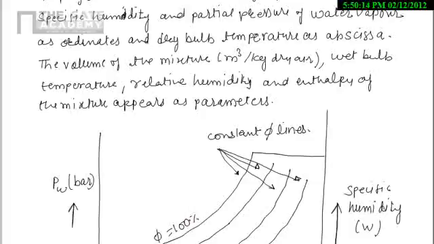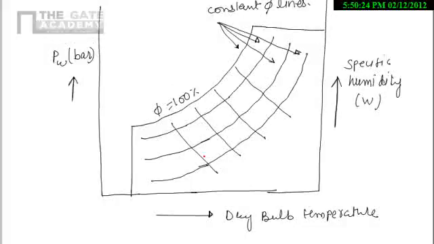Now I will draw the constant enthalpy lines. Similarly, I can draw the constant wet bulb lines. Here we are drawing the constant enthalpy lines, H equals C. Constant wet bulb lines are also the same thing, that is wet bulb temperature. So practically we can say that the wet bulb temperature lines are constant enthalpy lines.